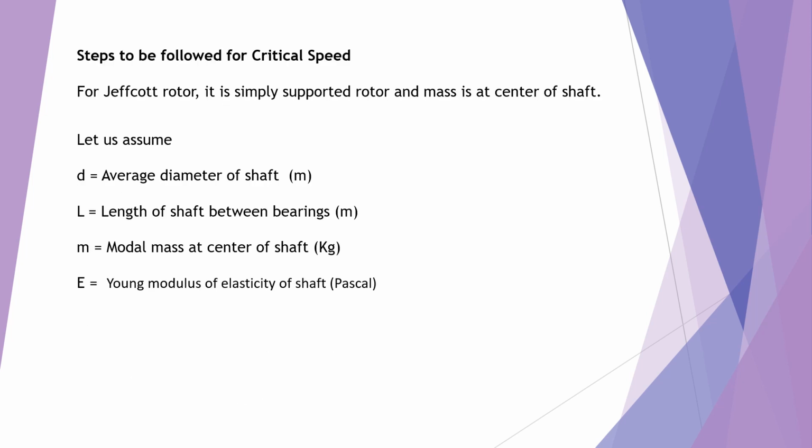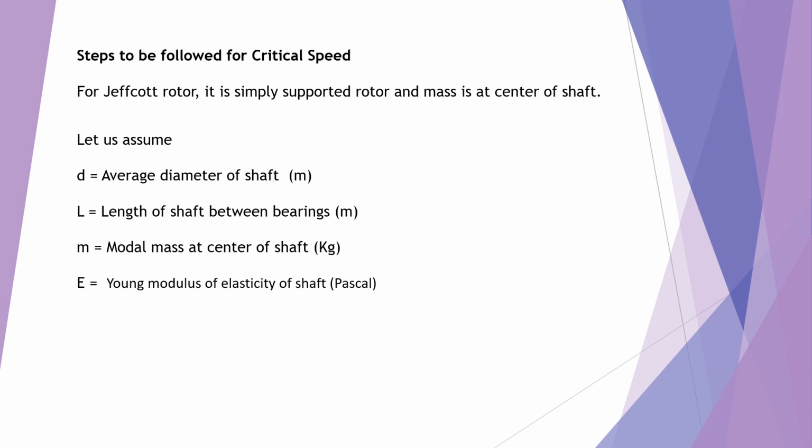So these are the steps through which we can calculate the critical speed using the Jeffcott method. For a Jeffcott rotor, it is a simply supported rotor and the mass is at the center. So let's say D is the average diameter of the shaft in meter, L is the length of the shaft between the bearings in meter, and small m is the modal mass at the center of the shaft in kg.